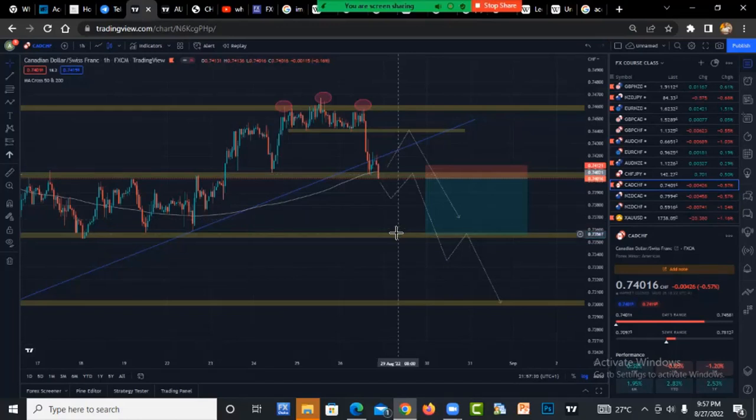Now my next support here will serve as my TP1. So I'll be waiting for the reaction here. Once I see a breakout also, I'm waiting for a retest for me to put in more sell entries. Then I can sell here.